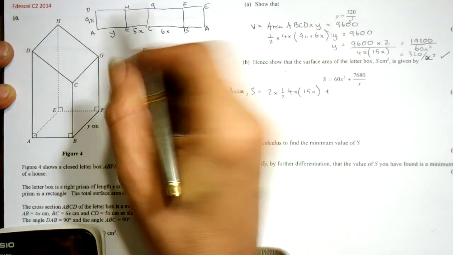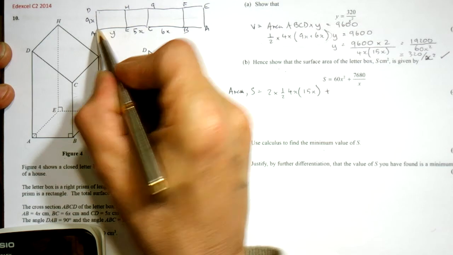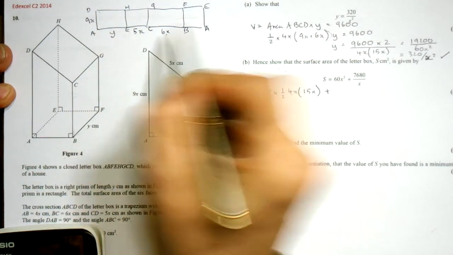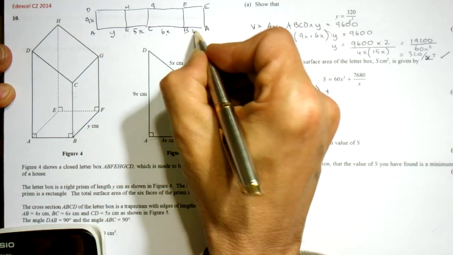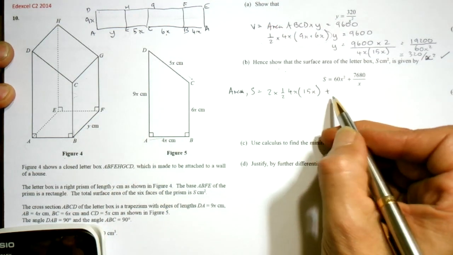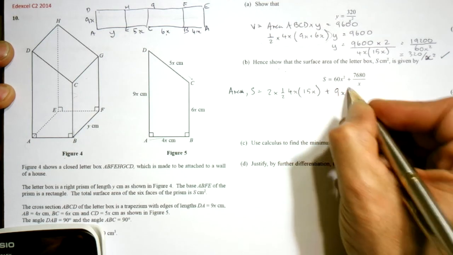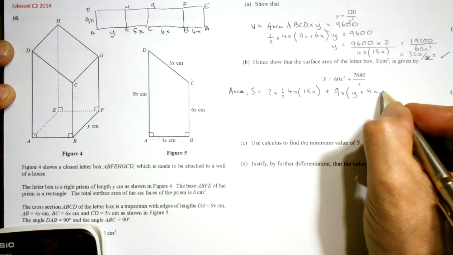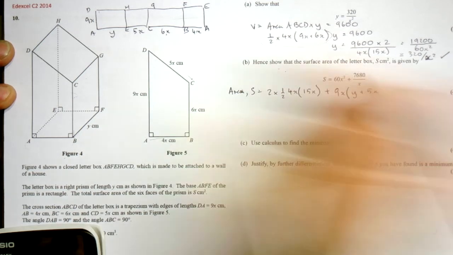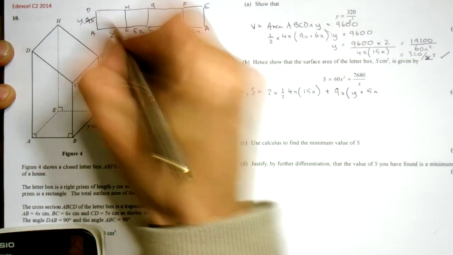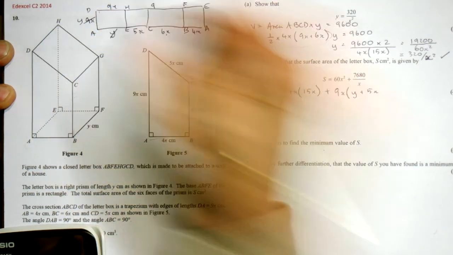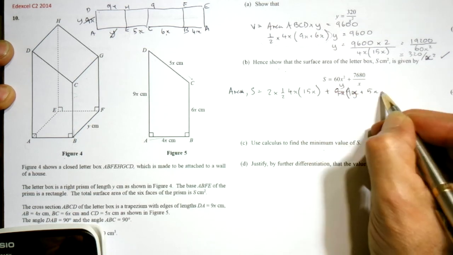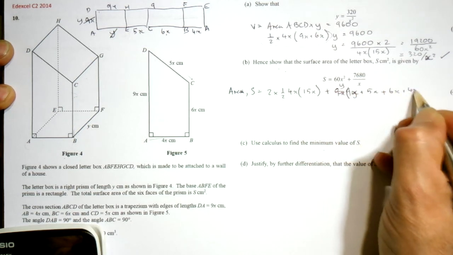The dimensions of the rectangle are y by 9x plus 5x plus 6x plus 4x.